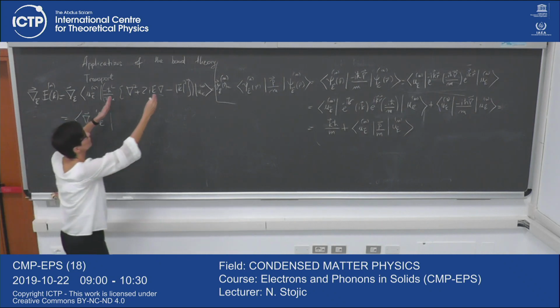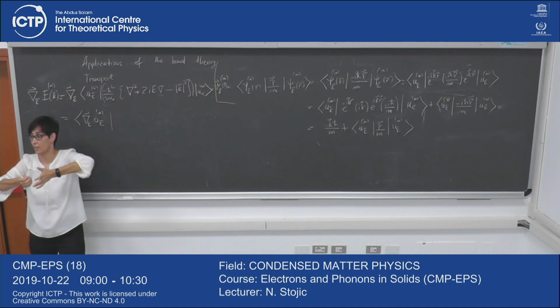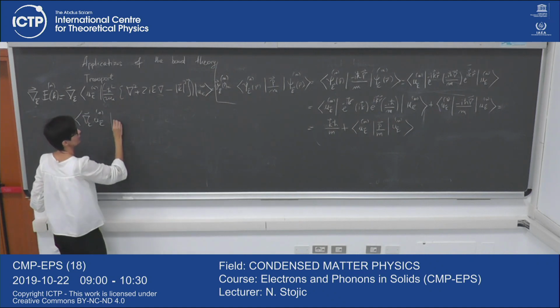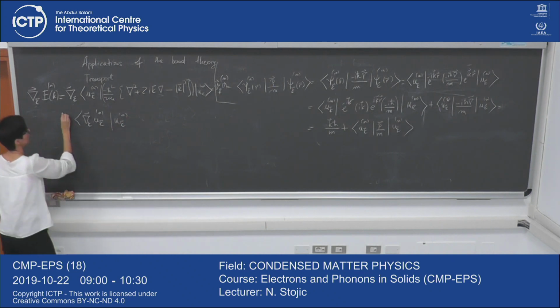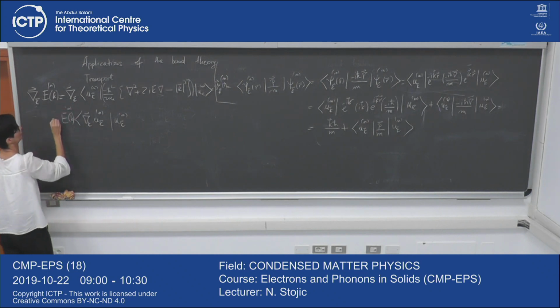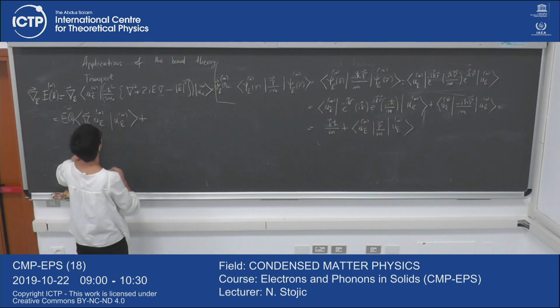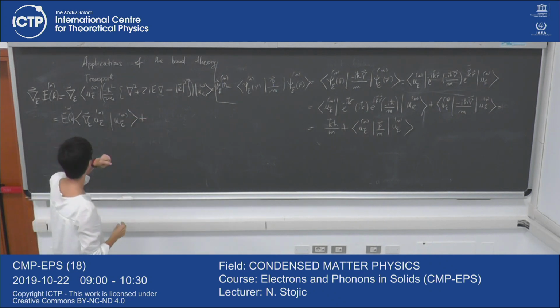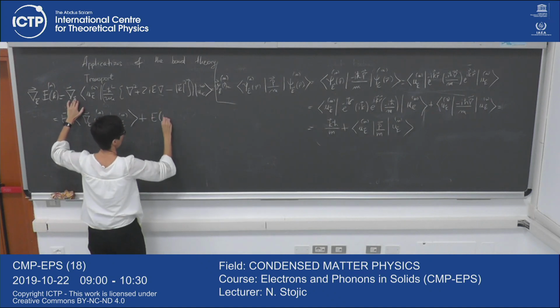But then this Hamiltonian acting on this u_k gives me E of k, so I can write it here. Okay. Then I can apply the gradient to this part. I again have E_k out.